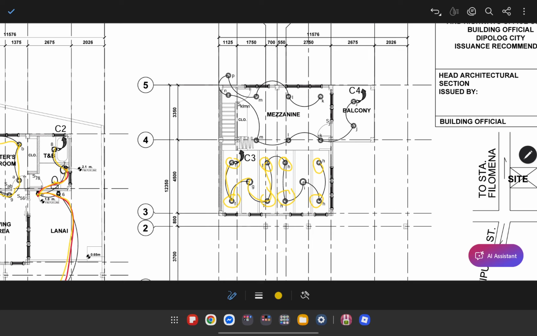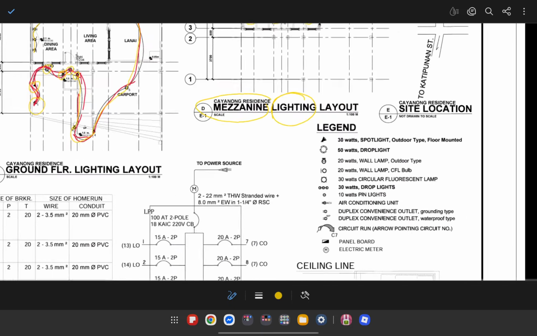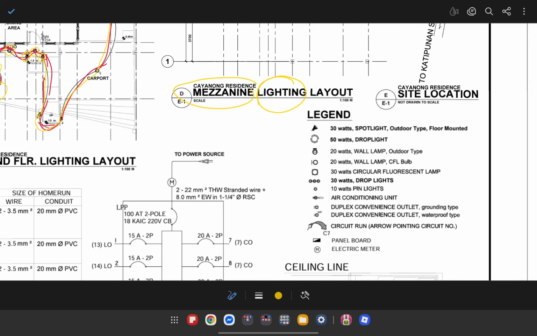Now take note that during your activity last meeting, it was instructed to you that you should provide a legend indicating the wattage of each fixture, especially for the lighting, because it usually has a different wattage.